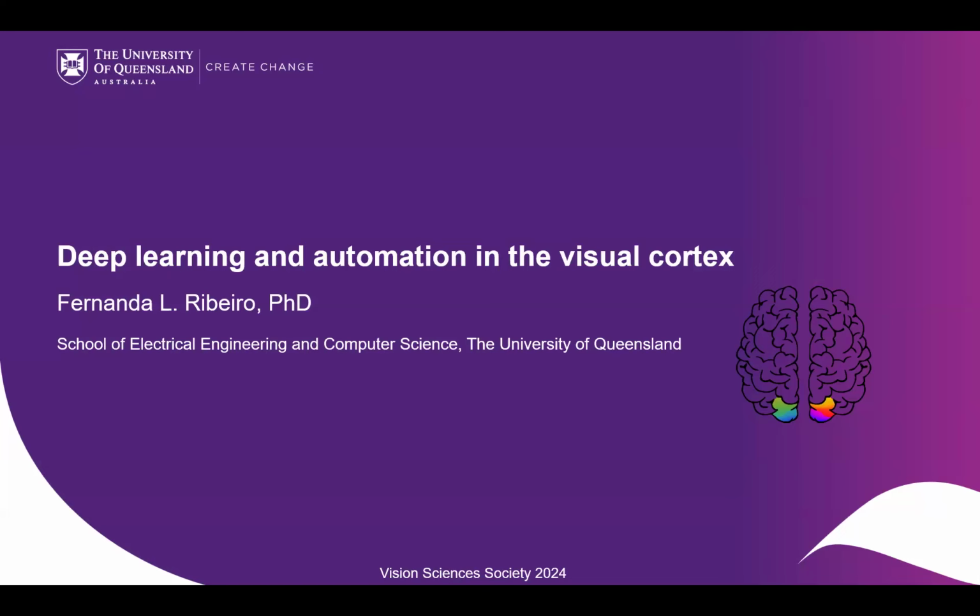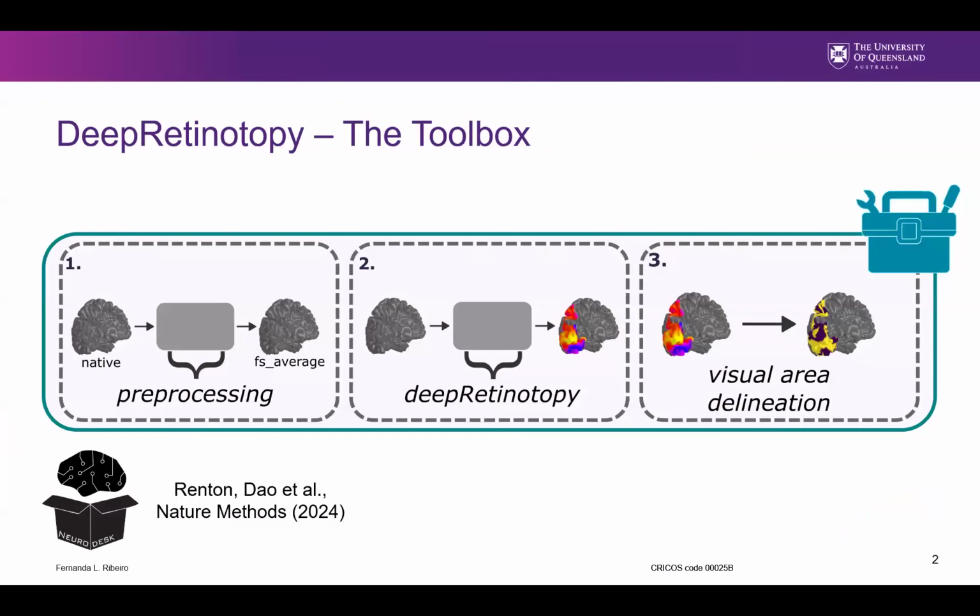So the tool that I'm gonna show is DeepRetinotopy. It is a tool that I've been developing for the past year. And this tool is composed of three main components: the pre-processing pipeline that uses FreeSurfer and Connectome Workbench, DeepRetinotopy, which is the deep learning model I developed in my PhD, and also the visual, not a visual area delineation, but a first step.